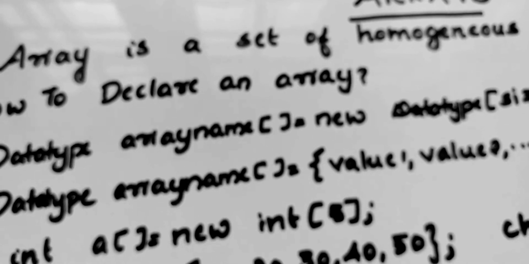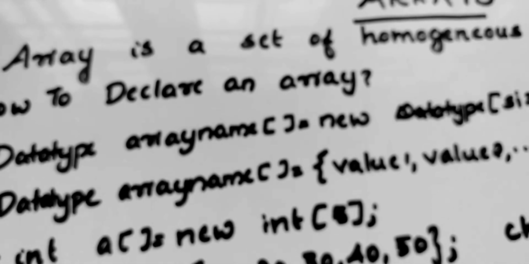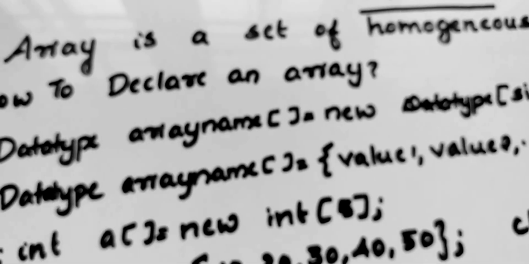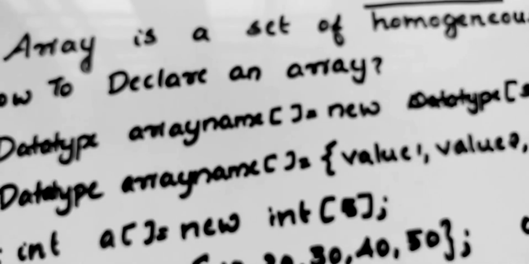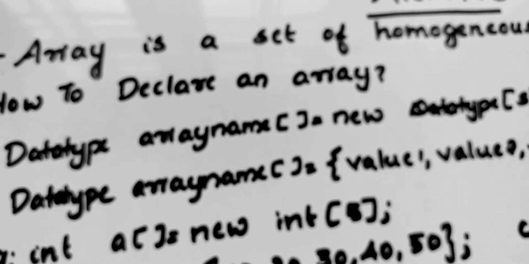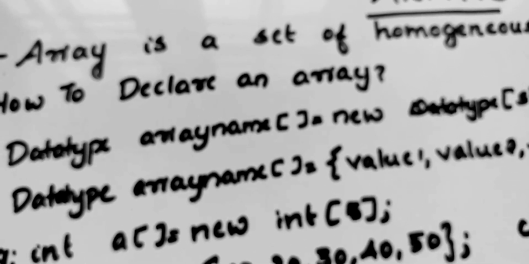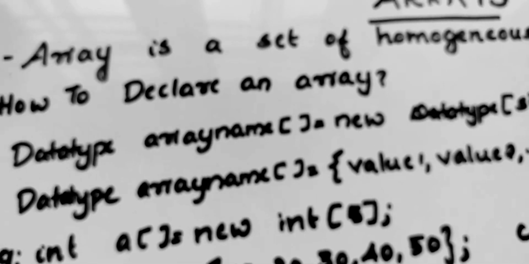Suppose we want to find the sum of 5 numbers. It's very easy to do using an ordinary Java program. Suppose we want to find the sum of 100 numbers. Is it possible to store these 100 values in 100 variables and do the calculation? It's impossible, isn't it?